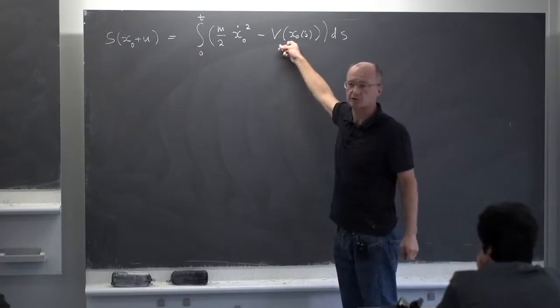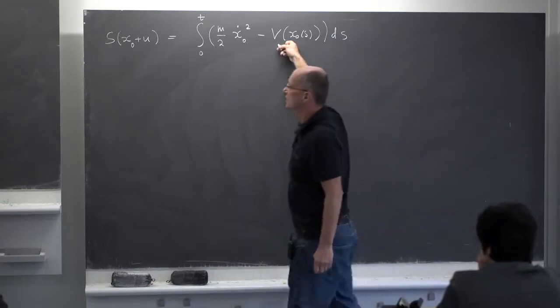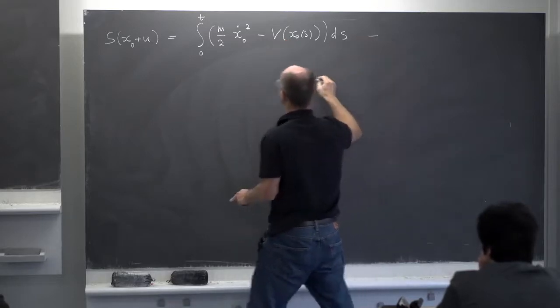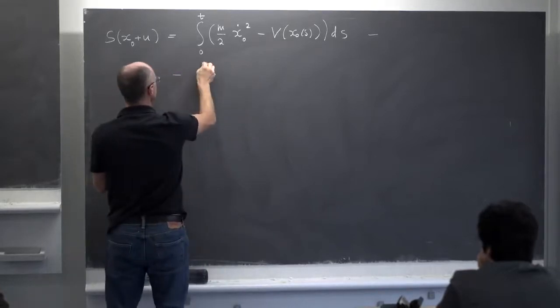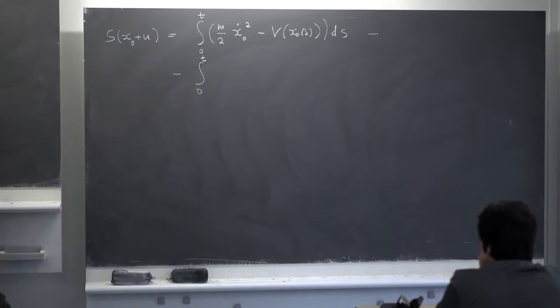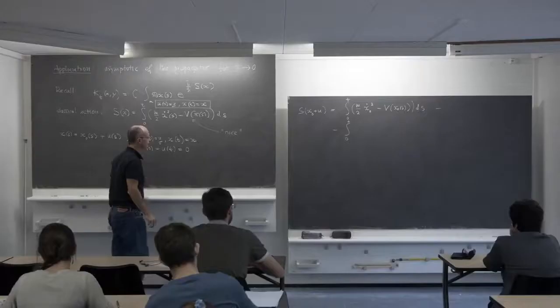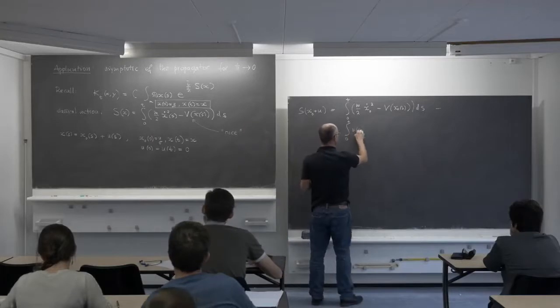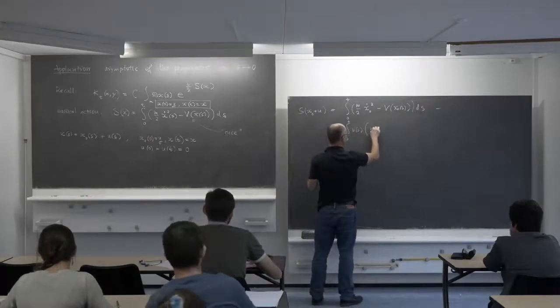So this is the zeroth term of the Taylor expansion for the function V. Now, so let me write down the next term. So this will be a linear term in u. And let me write it in the following way.